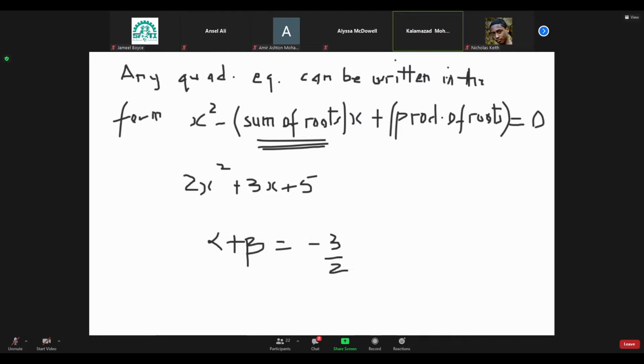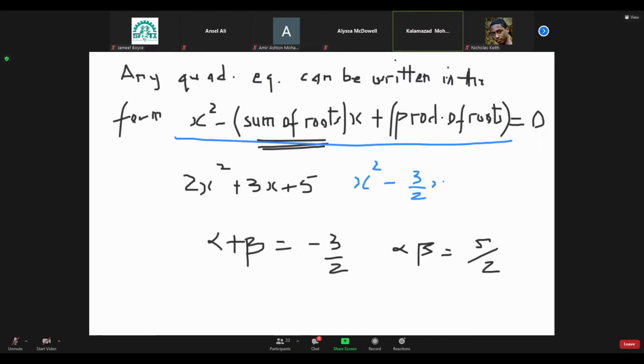And alpha times beta was 5 over 2. How does that work? Watch this. Remember this is the formula. So it's going to be x squared plus 3 over 2 x plus 5 over 2 is equal to 0. This 2 here, we divide everything by 2 to get that.